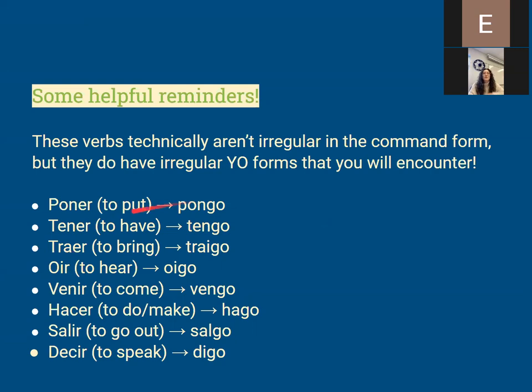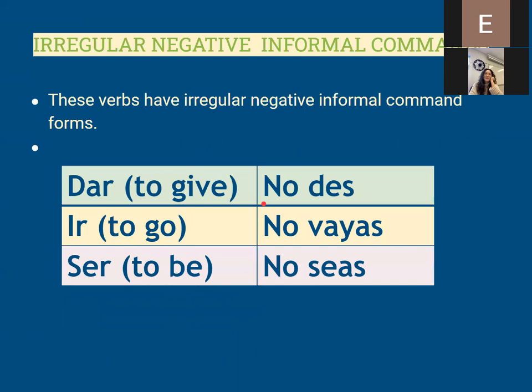This is just a gentle reminder that verbs like poner, tener, oír, and hacer have irregular yo forms. So we're going to take this yo form, drop the O, and add AS or ES. Because poner is an ER verb, we'll have no pongas as the negative command.